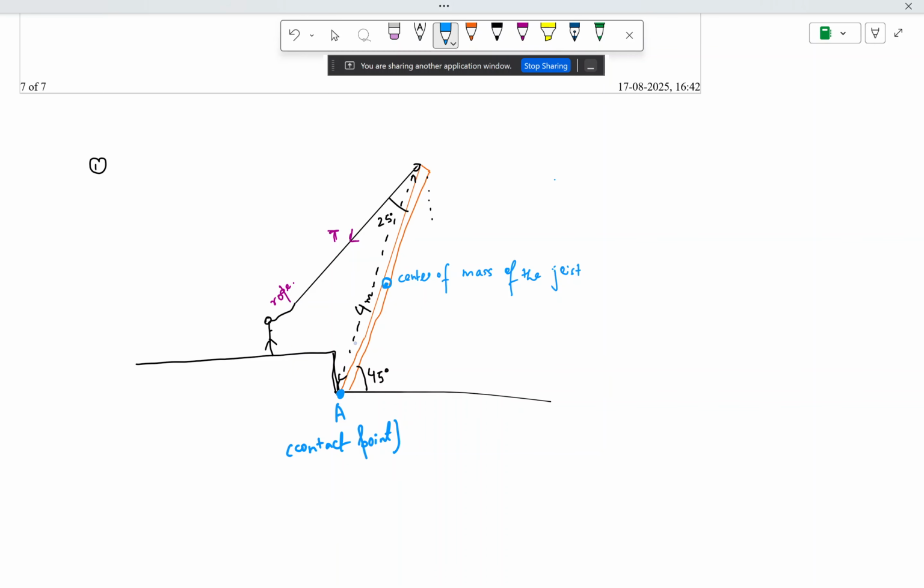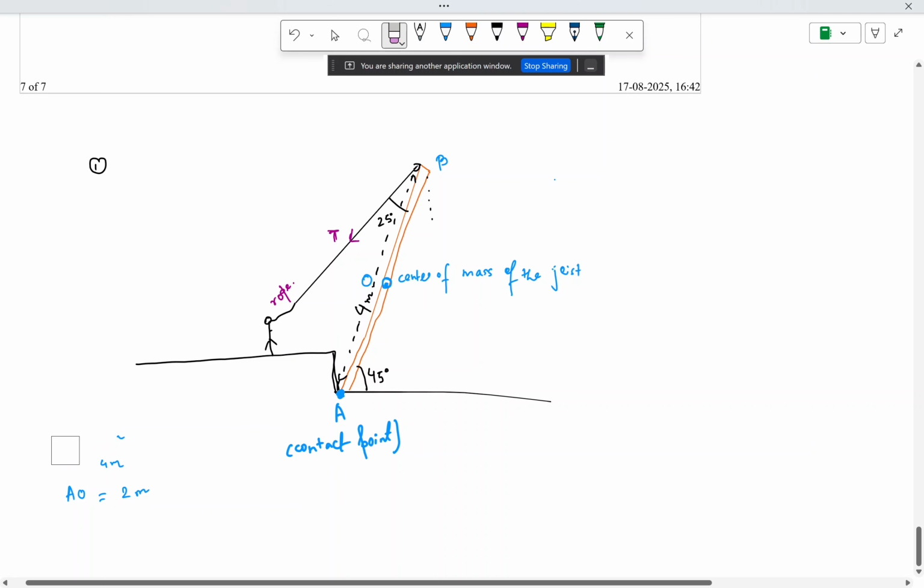So if this is 4 meter in total, let's say we call this center of mass point O. Then AO is equal to 2 meter, whereas if this point is B, which is the other end of the joist, the total length of the joist is 4 meter as given in the question.